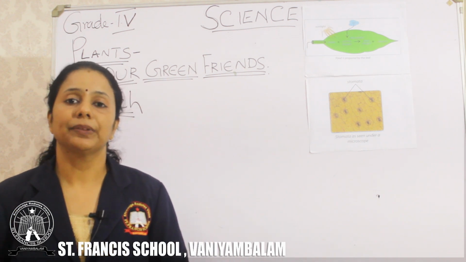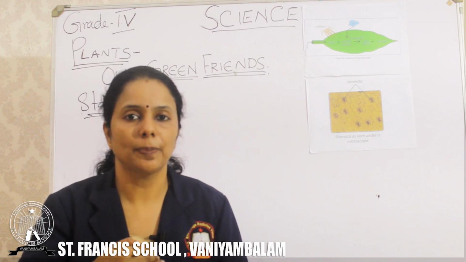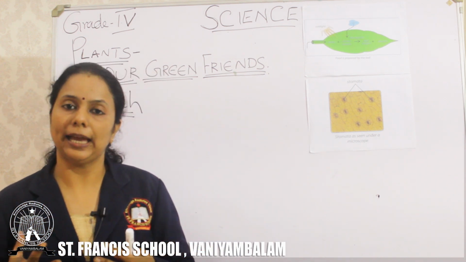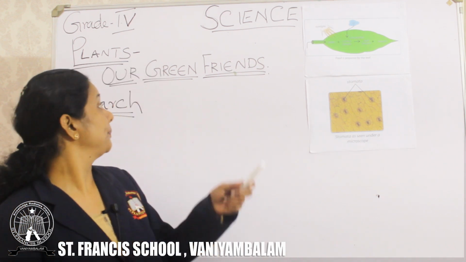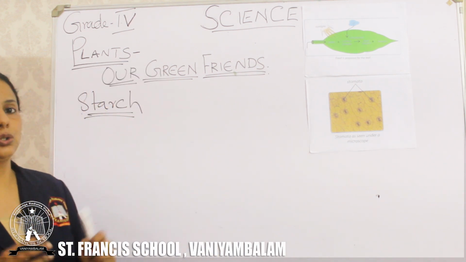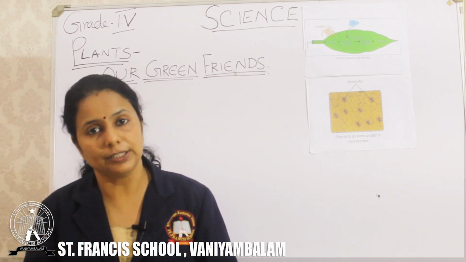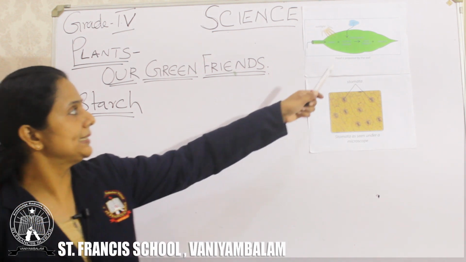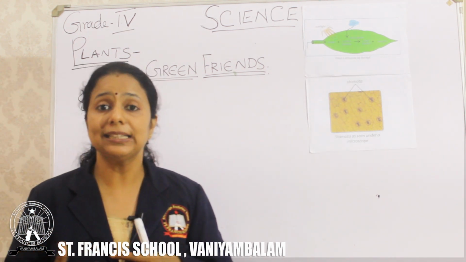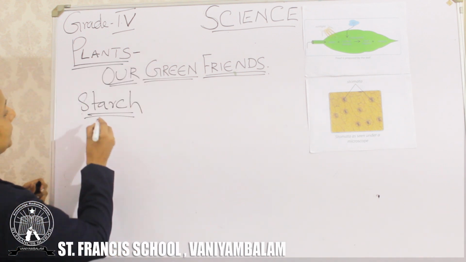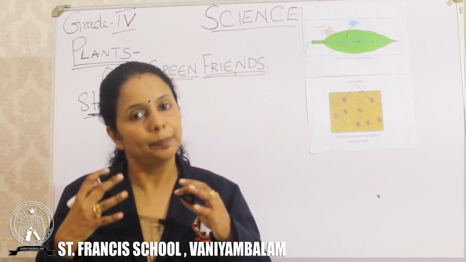Okay, and the excess food. Okay, so the plant uses the food for its different activities, and the excess food is stored in the form of starch. So in plants, plants convert this food, that is this sugar, that is a carbohydrate, the excess food, into starch. What is that? Starch, and store it in the plant.